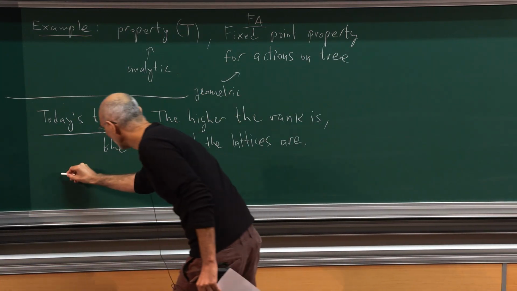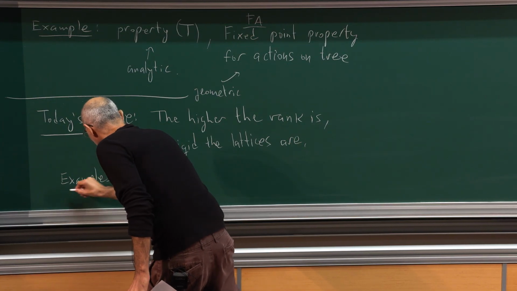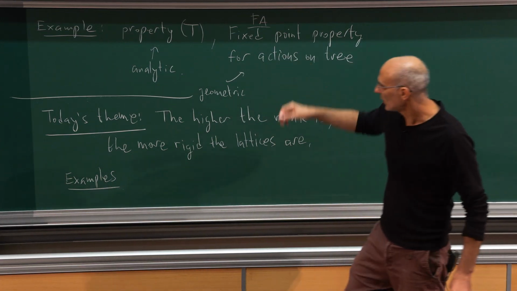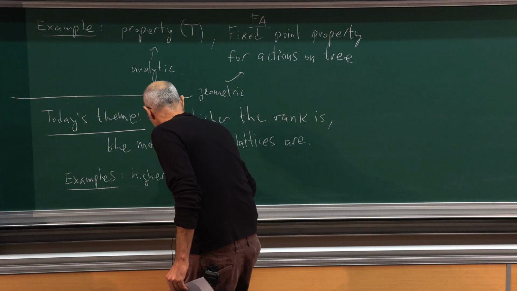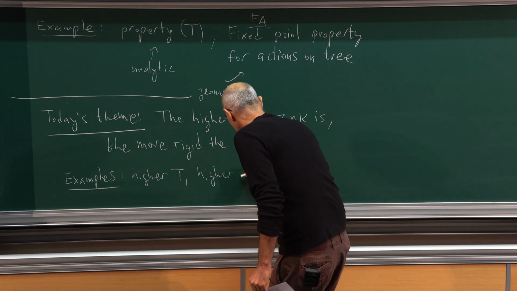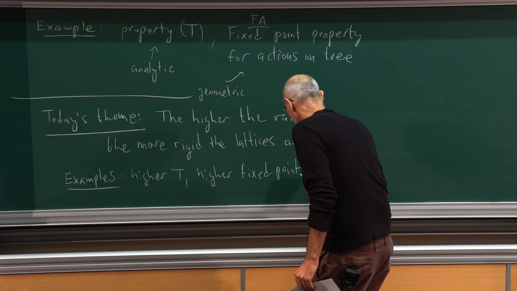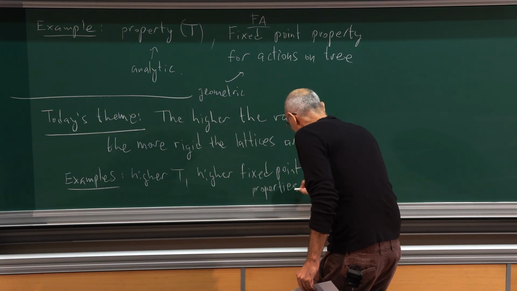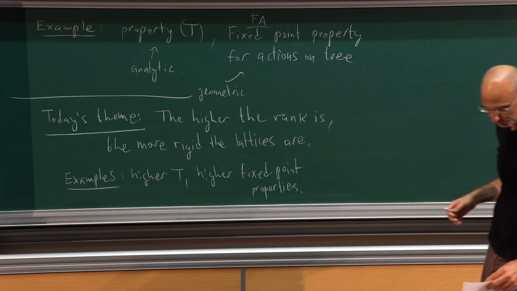So the examples that will carry our narrative are higher property T and higher fixed point properties. And I want to explain some about the relation between these two properties, etc.